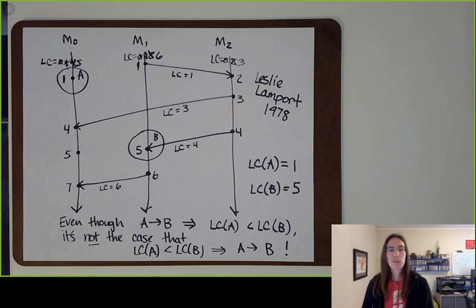So every total order is also a partial order, but not every partial order is a total order. Does that make sense? Right. I think so.